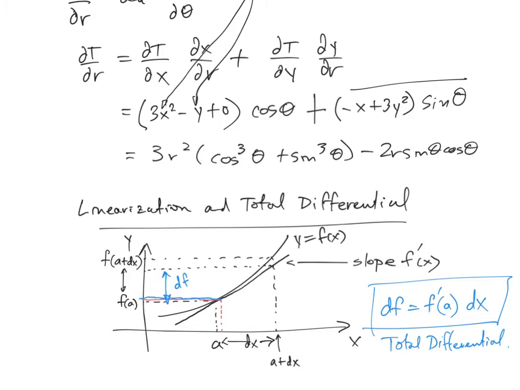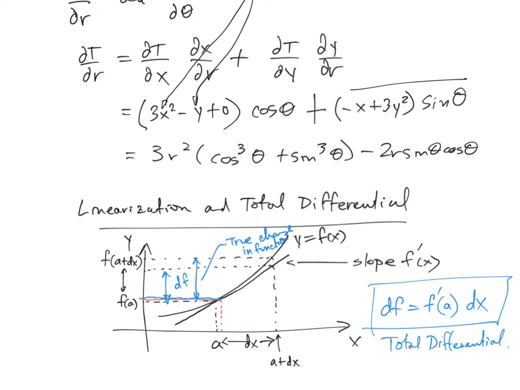So if I want to approximate how much the function actually changes as x changes by amount dx, I can approximate that using the total differential. This is an approximation. Really, the true change in the function is this distance here. True change in function.